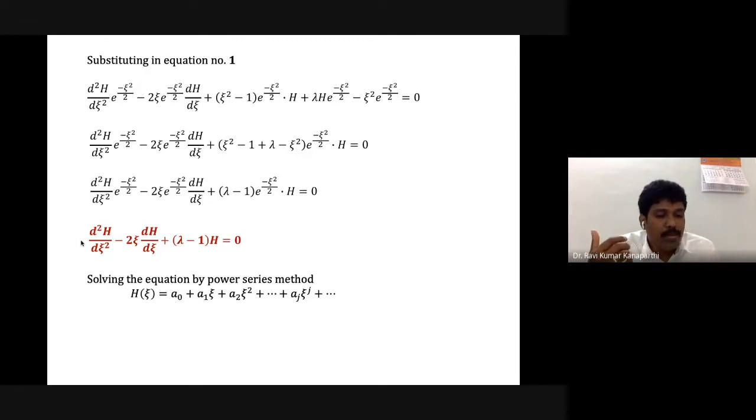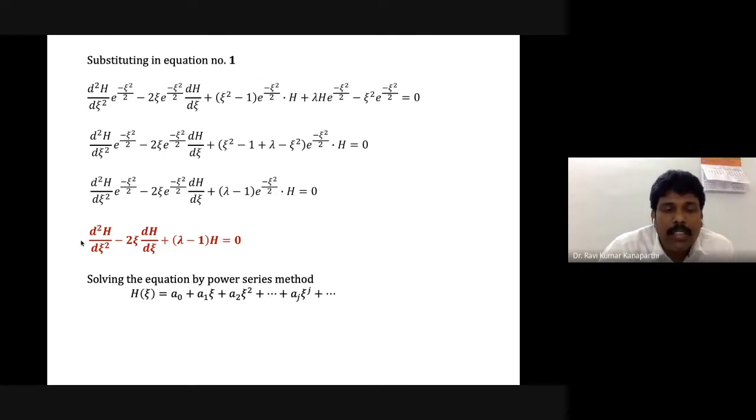When you don't know the solution of a somewhat complicated differential equation, the power series method is a very nice approach to obtain a general solution of the differential equation.